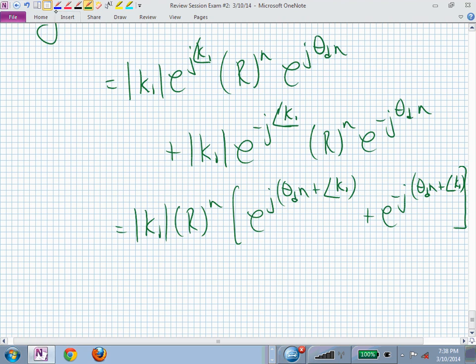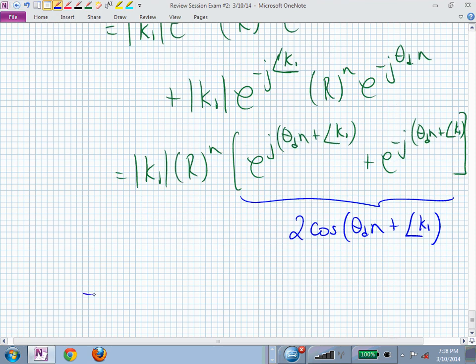Just factoring those terms out. But what is this in square brackets? That's 2 times the cosine of the argument, θ_d n plus the angle of k1. And that's what we said we had for y[n].